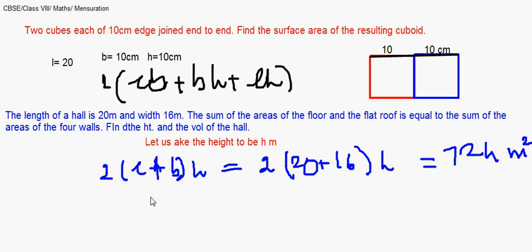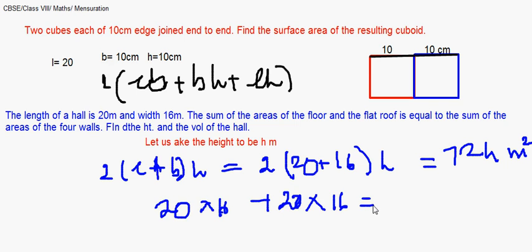So that is length into breadth plus length into breadth, so 2LB will be 640 meters square, right?